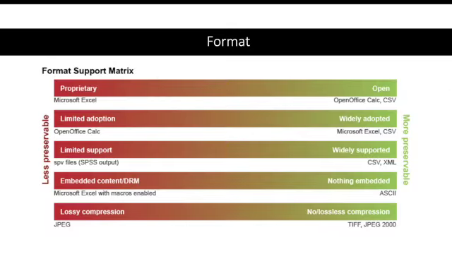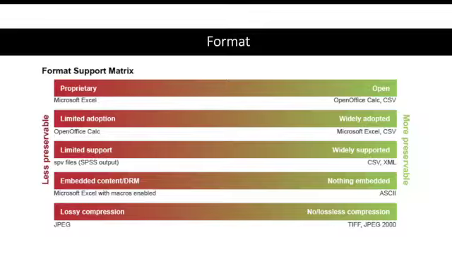When you're thinking about data storage and long-term data storage especially, you need to think about the format. So one thing you need to think about is whether it is open or proprietary. So for example, Excel is proprietary software, but CSV is open software, which means it can be read by multiple programs. You need to think about how much support it has.